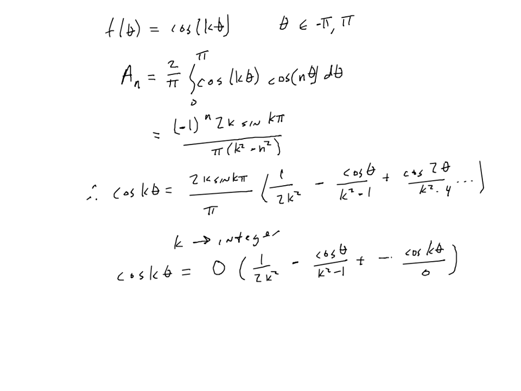And when that happens, you get a 0 in the denominator. Now 0 divided by 0 is 1, so therefore this becomes cosine of k theta.